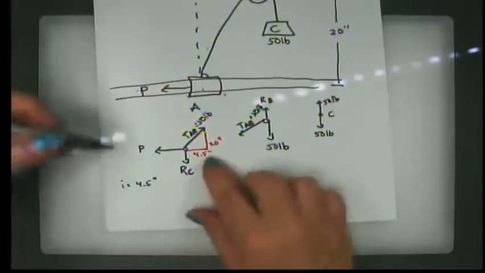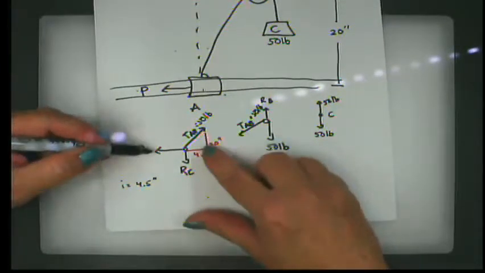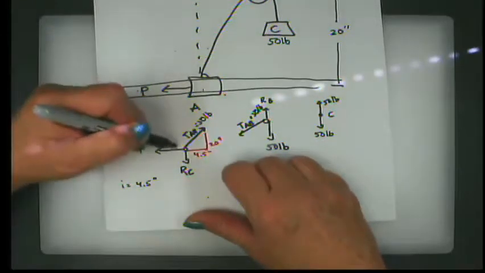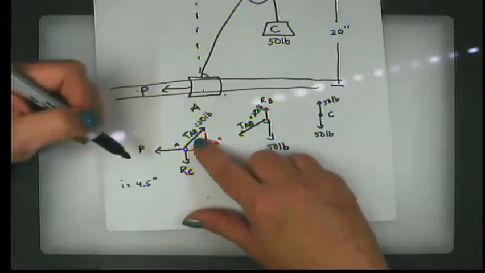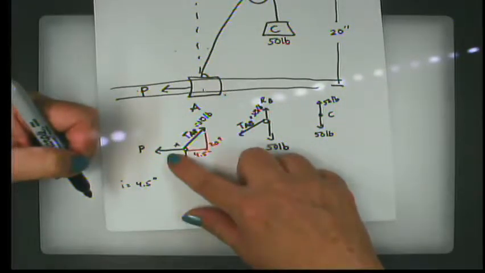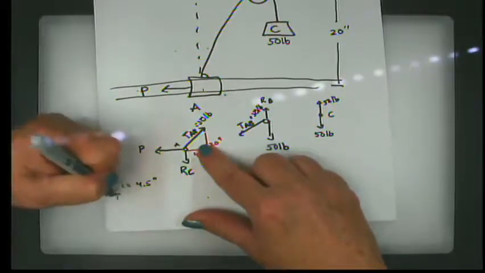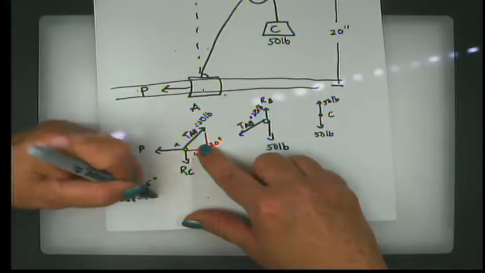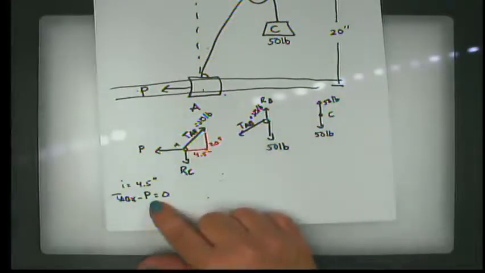So I can say then, the only two forces I have acting on point A in the x direction are the component of TAB and the force P. So I know that TAB in the x direction minus P has to equal 0. This is true for both cases, but the angle is going to be different.